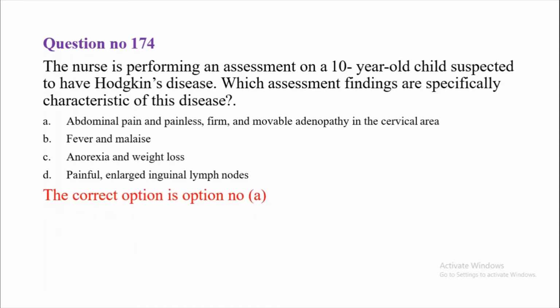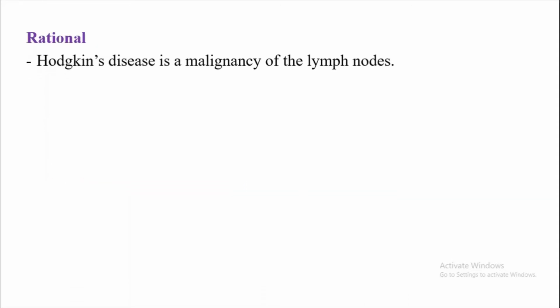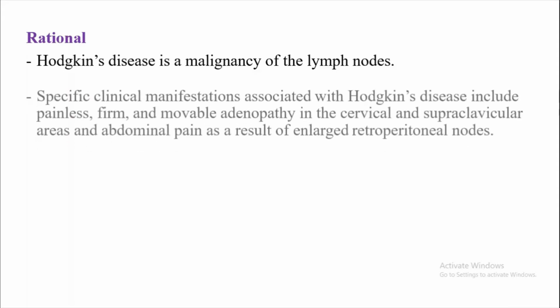The correct option is option number A, abdominal pain and painless, firm and movable adenopathy in the cervical area. Let's see the rationale. Hodgkin's disease is a malignancy of the lymph nodes.